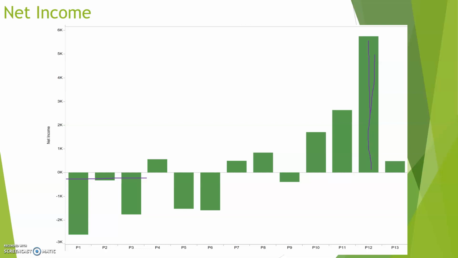In the last period, period 13, the company ran out of small size cups, and so we had to make an emergency order. That's why you see the sudden drastic decrease of net income.